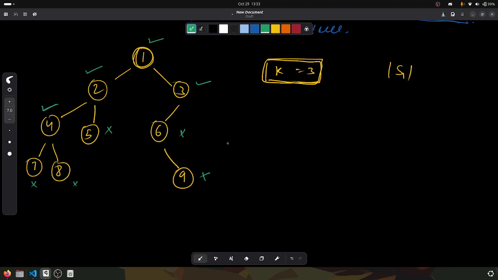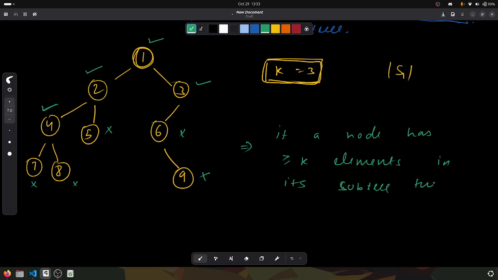So the obvious observation is that if a node has greater than or equal to k elements in its subtree, then that node is good.